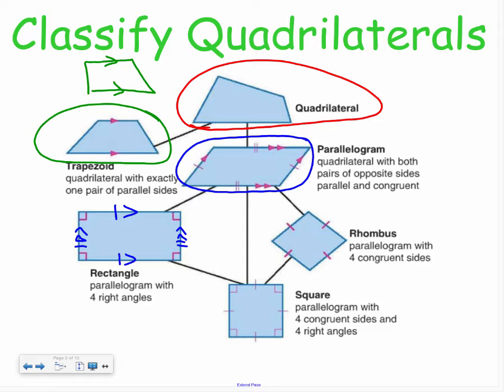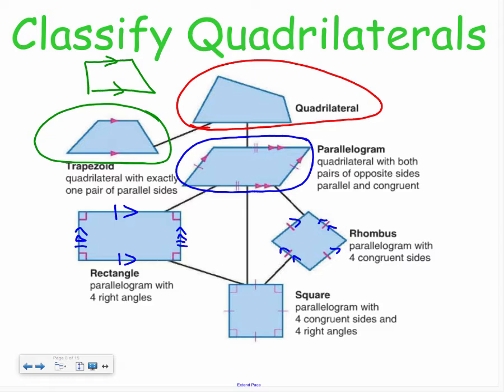The rhombus, again, fits under parallelogram. We have 2 sets of parallel sides. The additional qualification for the rhombus is that the 4 sides are congruent. So all 4 sides on a rhombus are congruent.